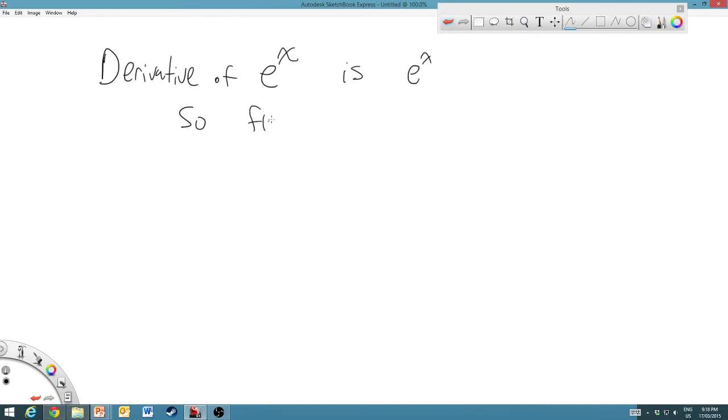So if f of x is equal to e to the x, then f prime of x is equal to e to the x. This is one of the neat properties of base e exponentials, and this is something that mathematicians define in the study of calculus, that if I have an exponential function, this e to the x is going to be a function that has this property.